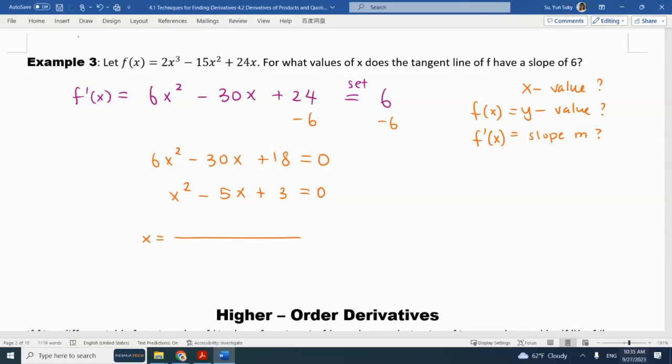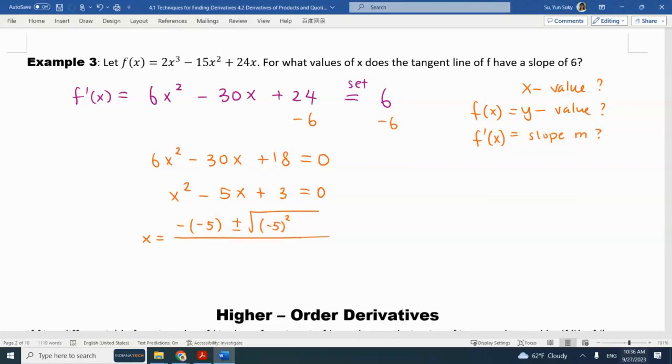Negative b. And your b is -5. And then plus or minus square root of b squared. So -5 squared.